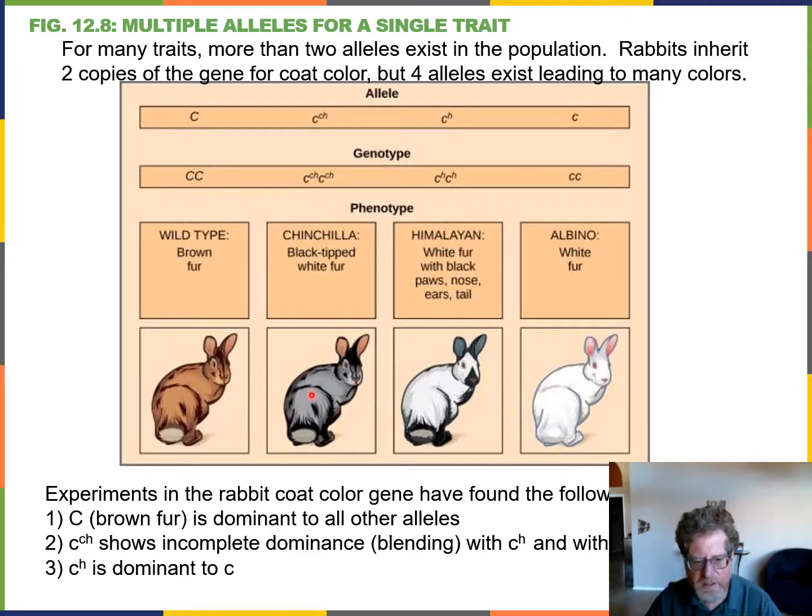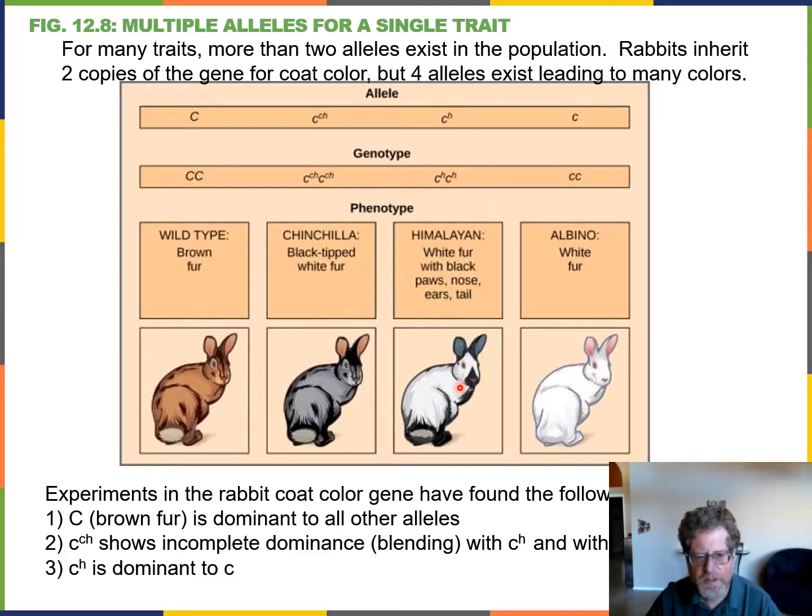So if this rabbit mates with either this one or this one, then the offspring will look intermediate. But the Himalayan is dominant to the albino. So if these two mate, then the offspring will look like a Himalayan. Okay, why is that? You would have to understand what the protein products are and how those protein products interact.